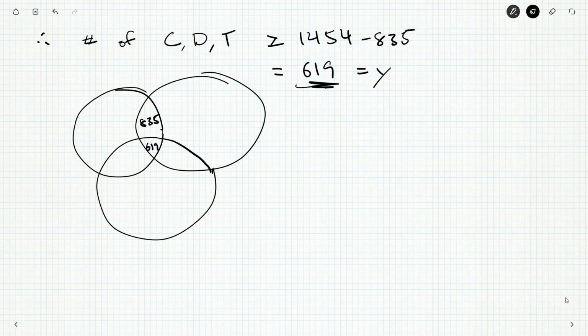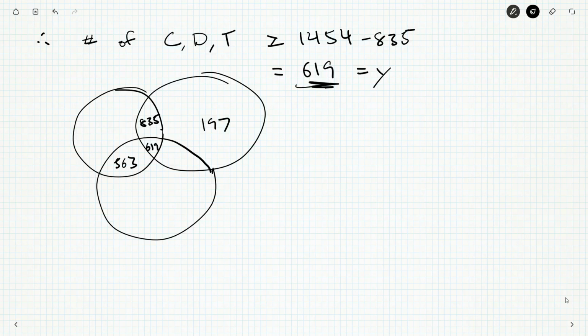Does it matter where they are? 835 plus 619. Should I put all of them here? And then what would I need over here? 619 and 1182. So we'd have 563 here. 563 plus 835 plus 619.